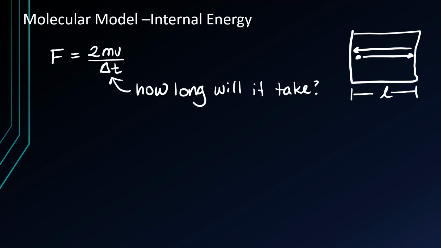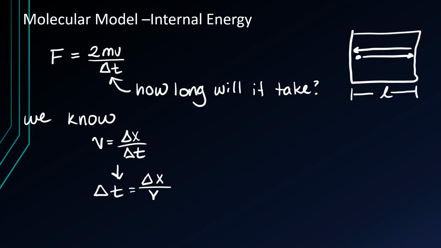So how long is it going to take for my particle to move from one side of the container to the other and back again? Well, we know that our velocity is a change in position over a change in time, and my change in position is going to be 2L, right? I'm going to go L length across and L length back.